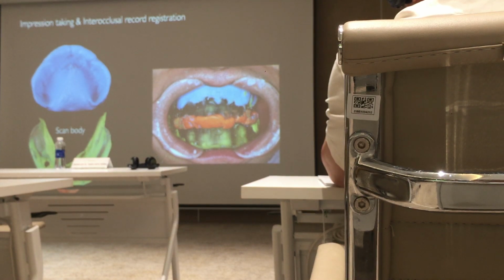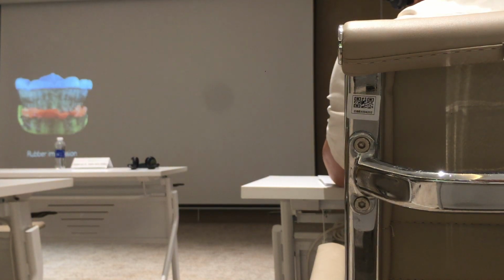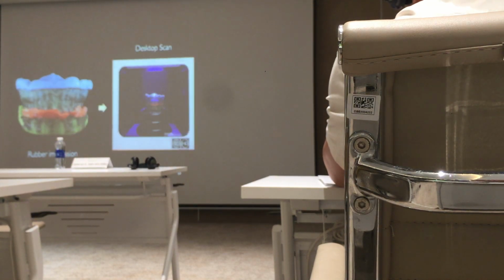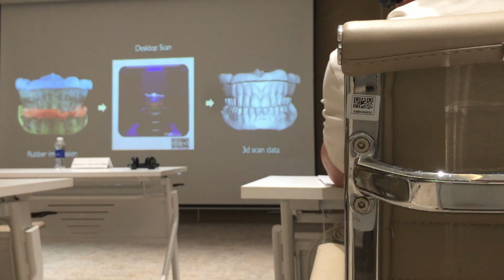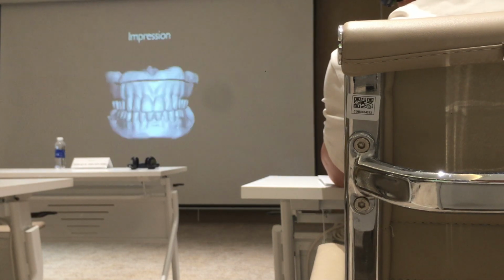So we made a good impression of the maxillary denture, and for the lower, we connected scan body and took the impression. We scanned the impression with desktop scanner, and now we do have a virtual working cast.